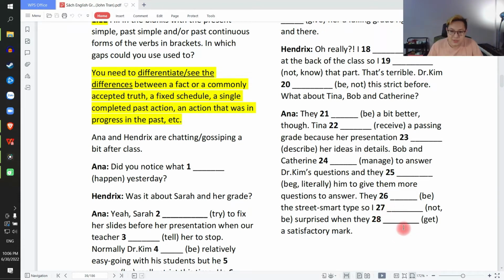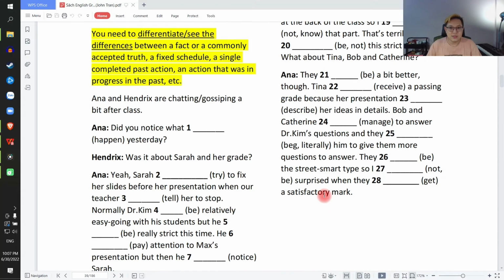Okay, so 27 and 28 also talk about the past but simple completed actions. So 27 is I wasn't surprised when they got a satisfactory mark. Số 27, 28 nó chỉ là hành động không mang tính lặp lại, không mang tính tiếp diễn, mà nó chỉ là hành động đơn lẻ hoàn thành rồi quá khứ thôi. Trên 27 là wasn't surprised, 28 là got a satisfactory mark.